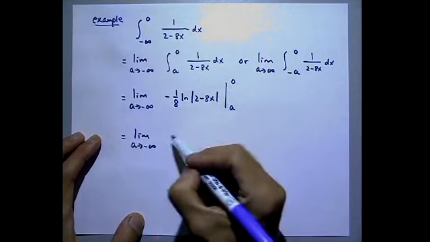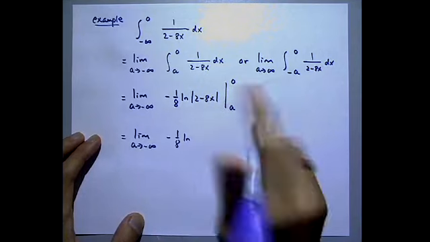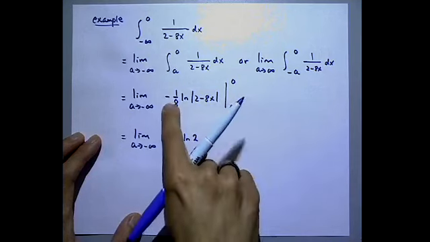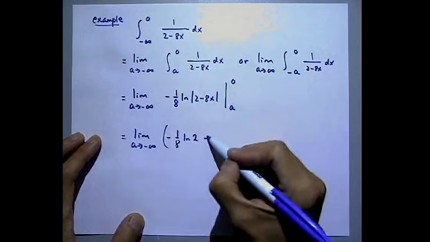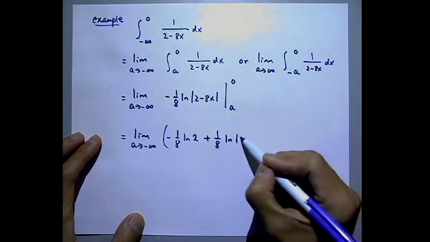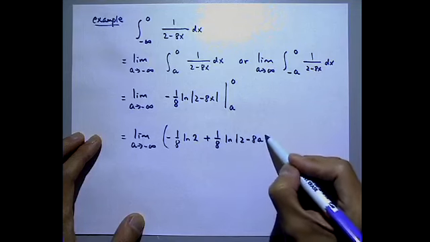0 goes in. We get negative 1 over 8, natural log of 2, and then minus negative 1 over 8 times natural log of 2 minus 8a.